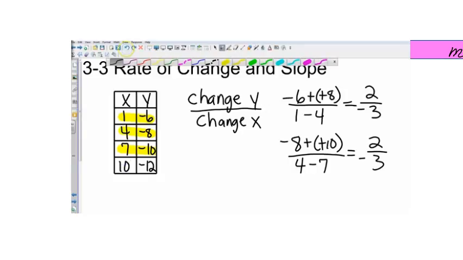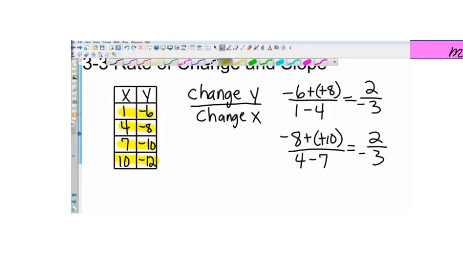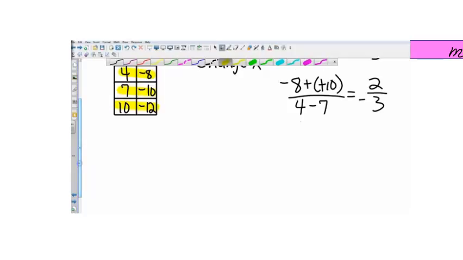So the change in y is -10 minus a -12 all over 7 minus 10.